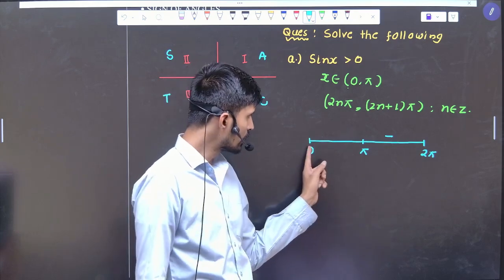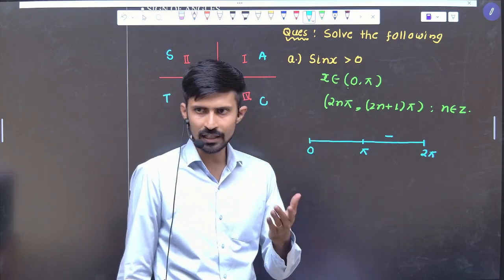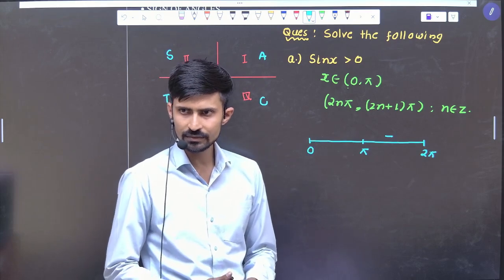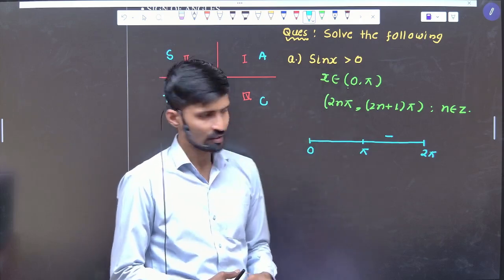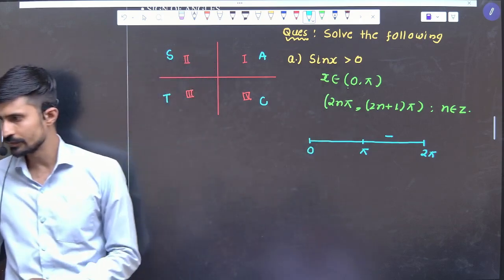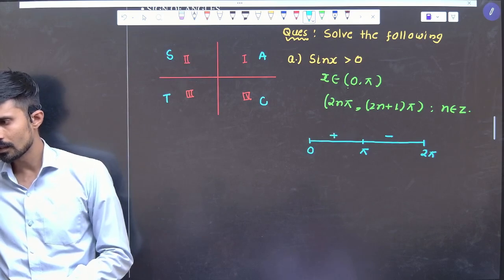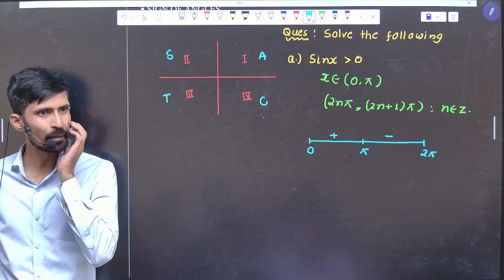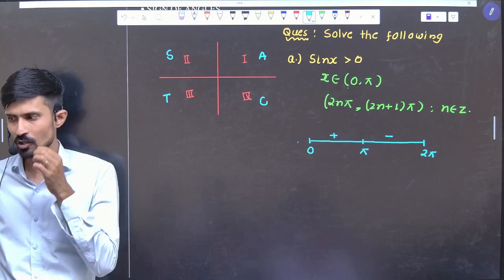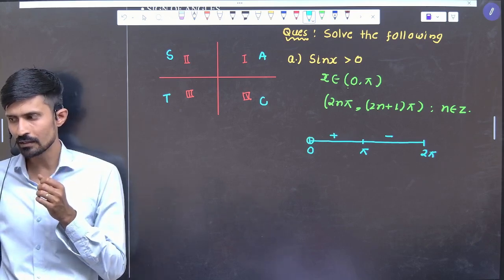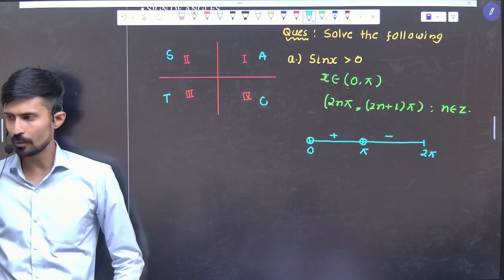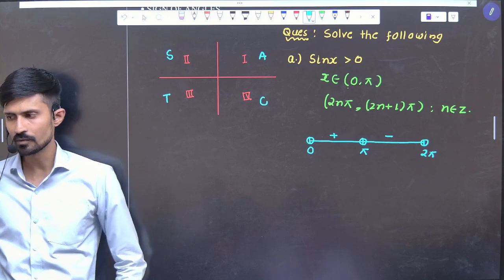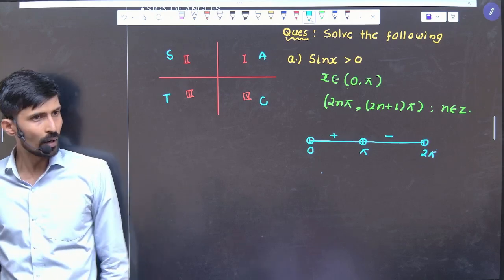Now, 0 to 180 degree, tell me any one angle. 90 degree. Put sine 90, positive or negative? So here we'll get positive sign. And do you remember, when equal to sign is not present, we put open bracket. See, everything is getting correct. Open bracket, here also open bracket, yes or no? What do we want?